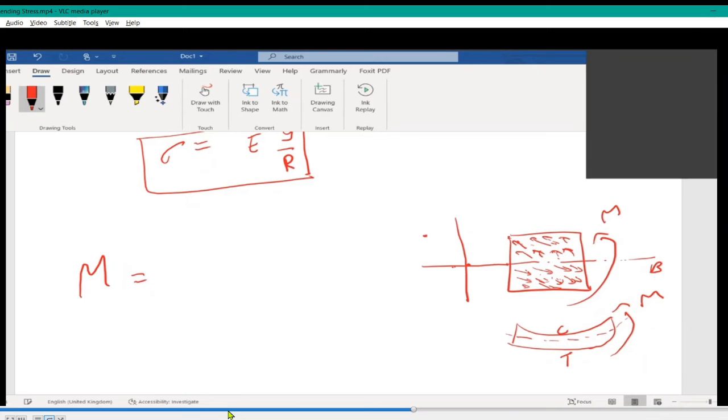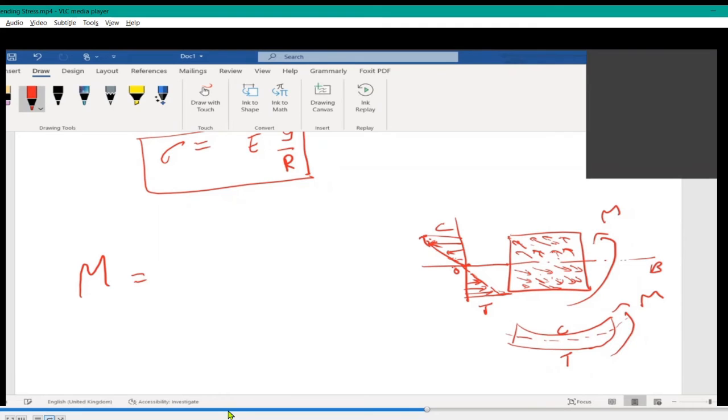You will have a maximum value here, reducing to 0 at this neutral axis. Moving on, it will be in the other direction, reaching a maximum at the outermost layer. This is compression, this is tension. This is the neutral axis.